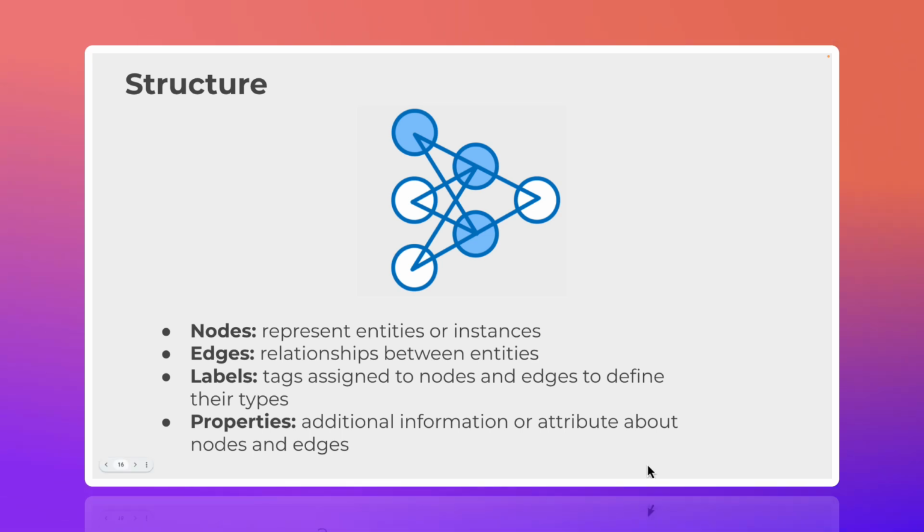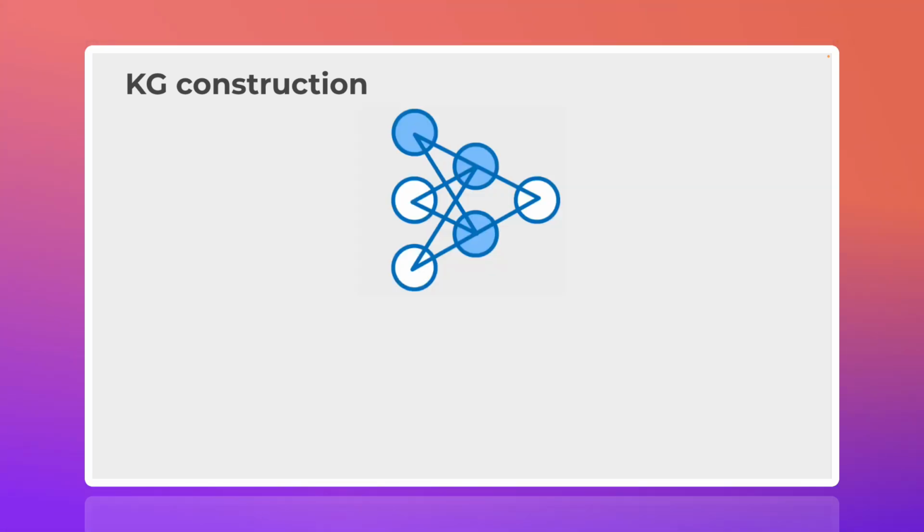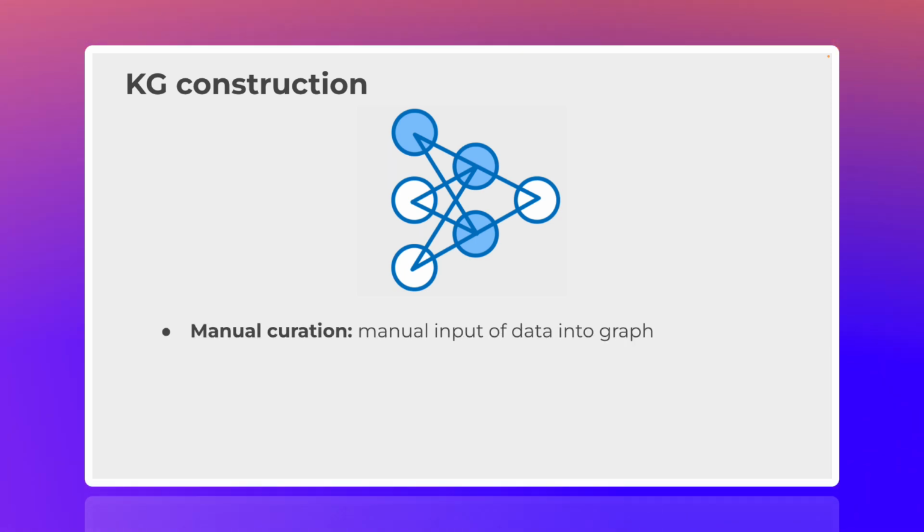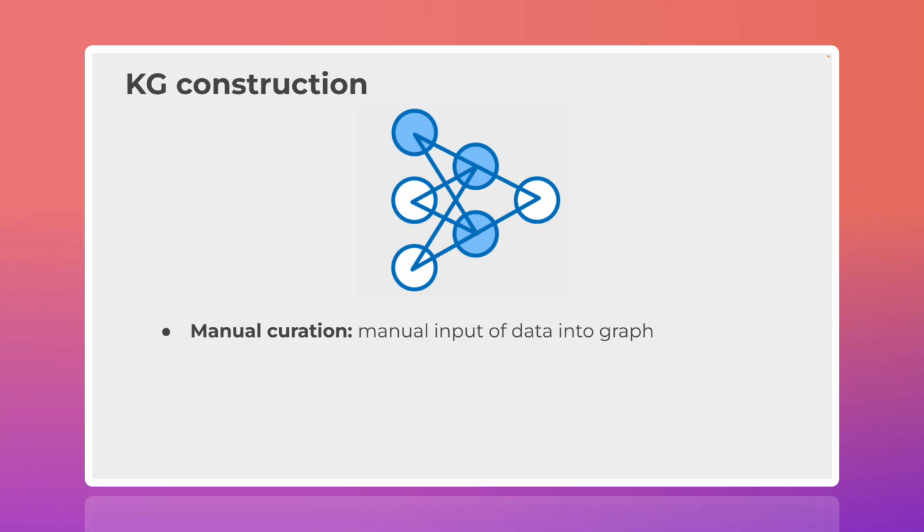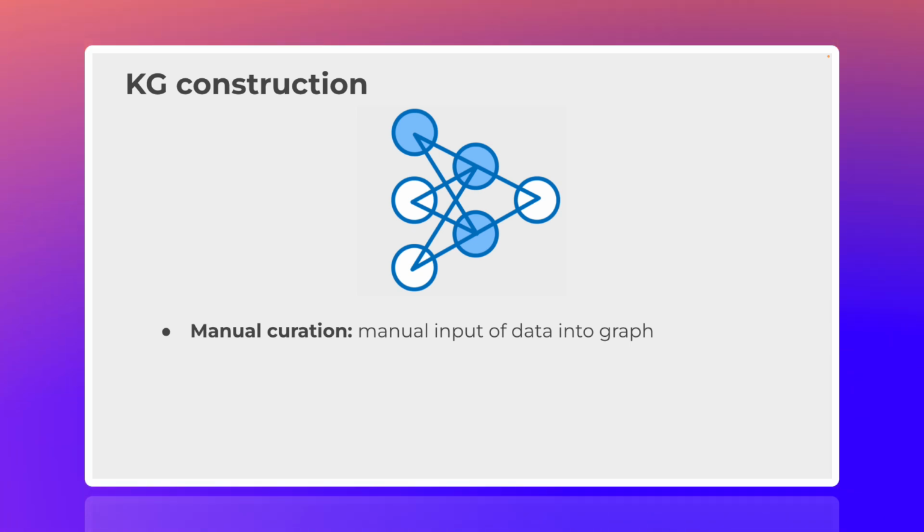Of course, once we understand the structure, what nodes are, the key concepts and everything, the next question is, what is the construction process for knowledge graphs? How do you build them? Well, there are different ways to construct or build knowledge graphs. The first way is manual. There is software out there where you can manually create inputs of data into a graph.